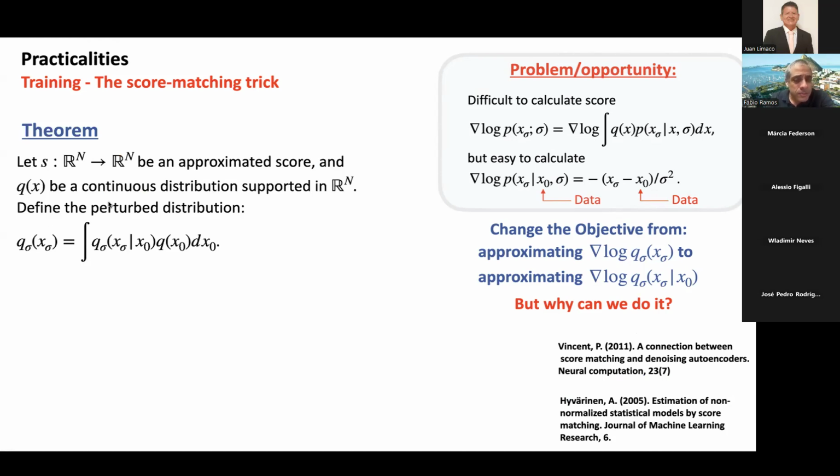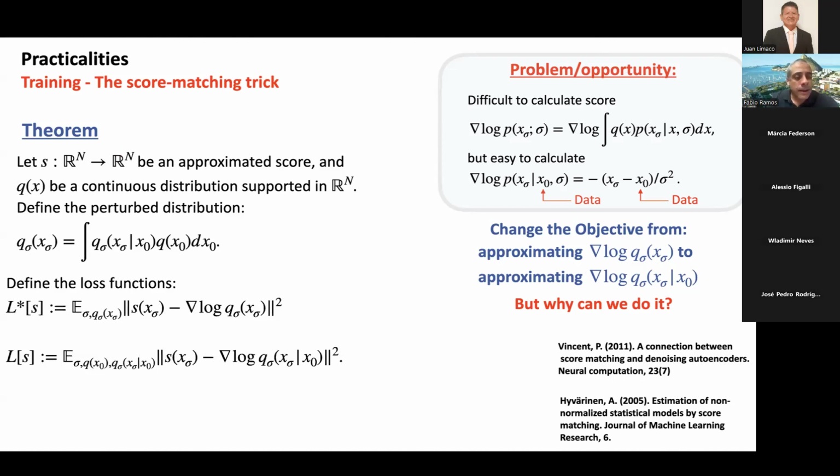If I have an original distribution and I perturb the distribution with some kernel, then if I define the loss function approximating the noisy score, and another loss approximating the conditional noisy score, and then I take the expectation with respect to all initial data, then this loss equals that loss plus some constant.